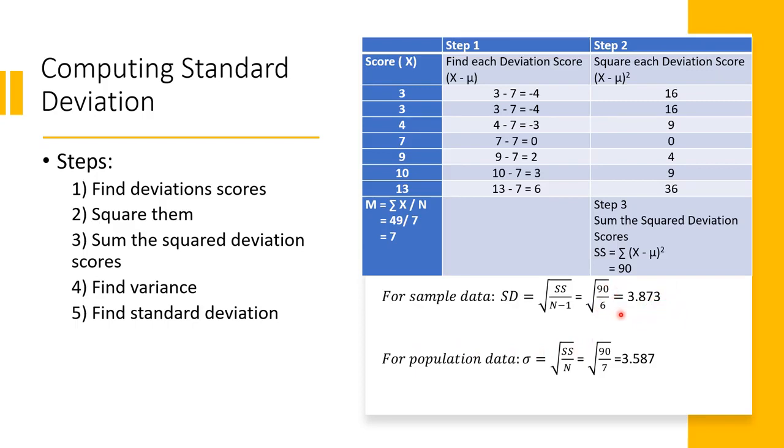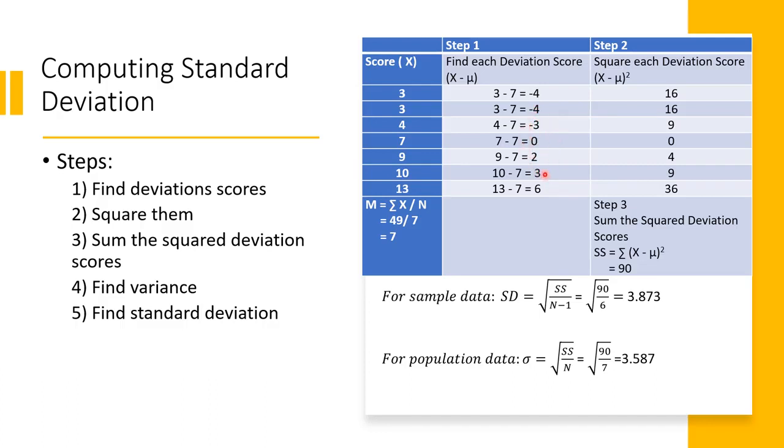What is that saying? It's saying that the typical, or quote average deviation of scores from the mean is 3.8, 3.9 if you round up. If you look at it, you have some scores that are more than the standard deviation away, this one, and this one, and these others are less than the standard deviation away from the mean.